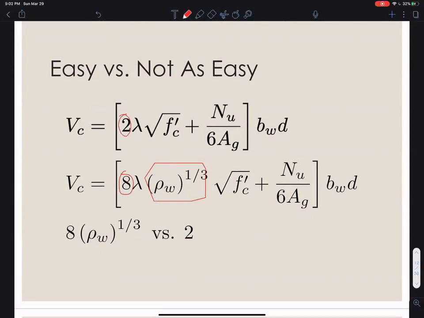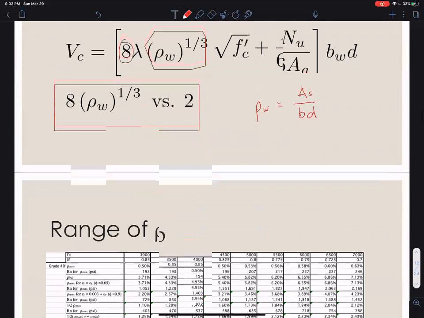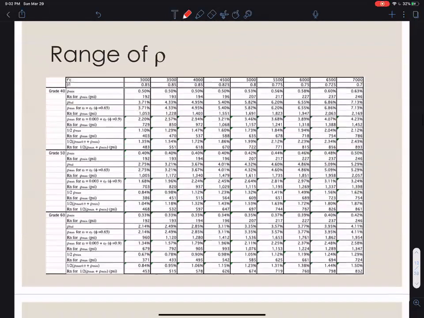Everything else is the same, the lambda and the square root f'c. So what we want to do is compare 8 times rho w to the 1/3 power versus 2. And remember, rho w is just As over bd. And we've talked about this in class, and a good percentage of steel in a beam is about 1%. But let's look at the complete range of rho.